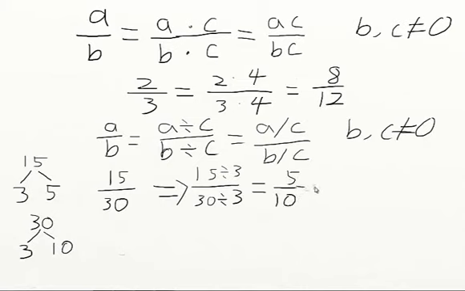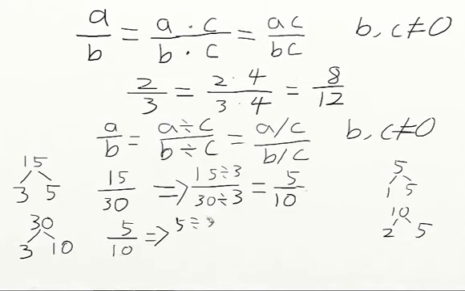In this case, it's still not a simplified form because 5 can be broken down into 1 and 5, and 10 can be broken down into 2 and 5. So we can do the same thing over again, but this time we divide the top and bottom by 5. In this case, we'll have 1 over 2, which will be our most simplified form.